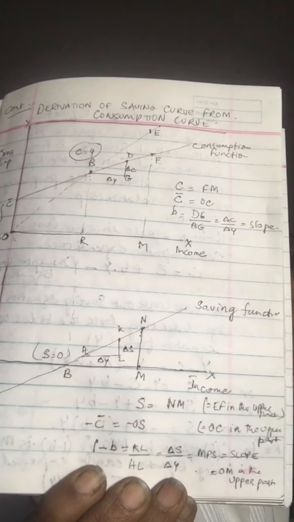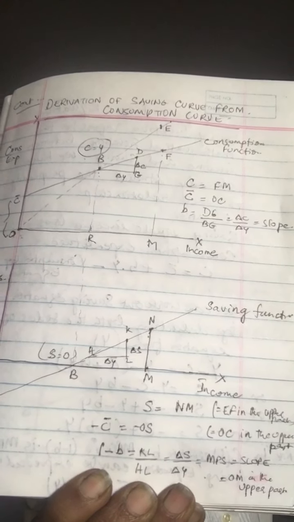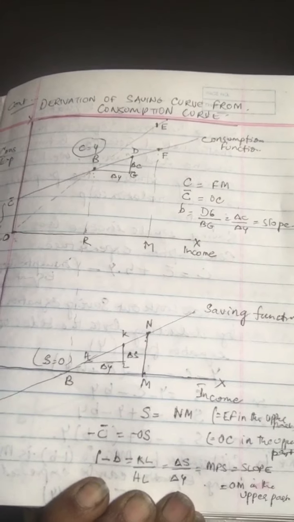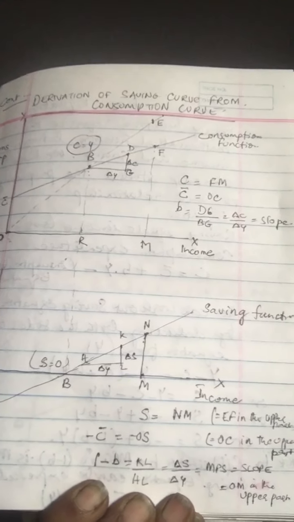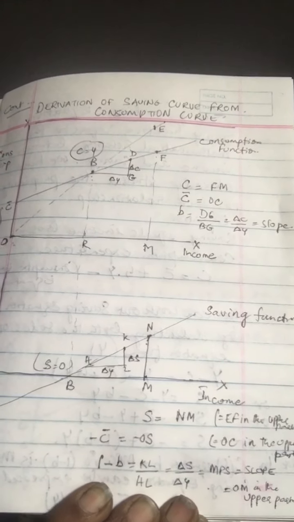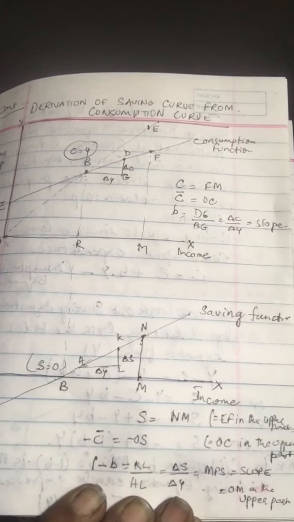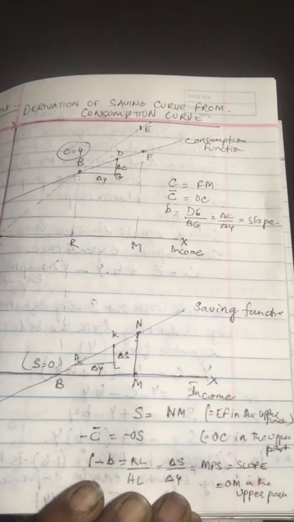I hope you listened to that, because we explained the whole of how we got the consumption function done there. So let's take the diagrammatic presentation. Refer to the lower part of the figure. Now this lower part of the figure we're going to do here.